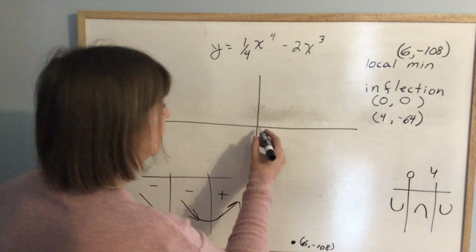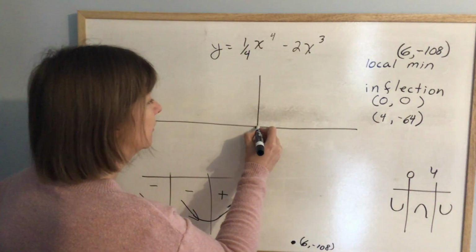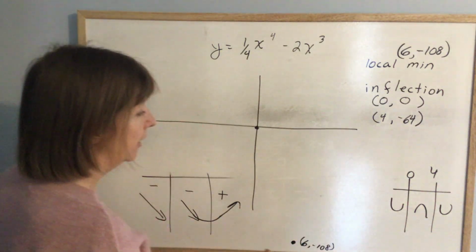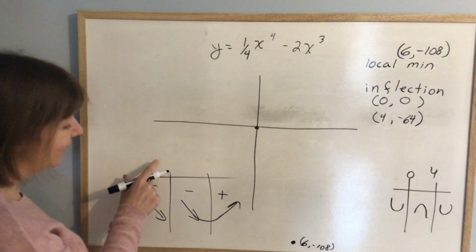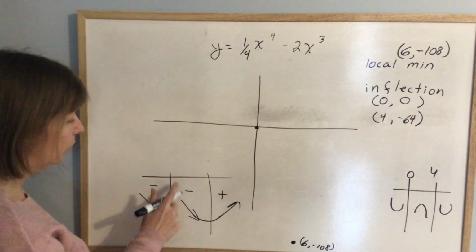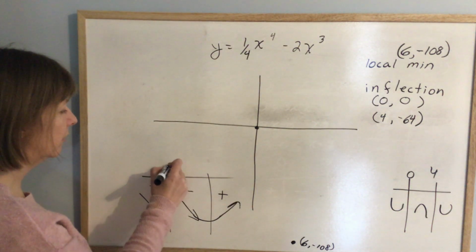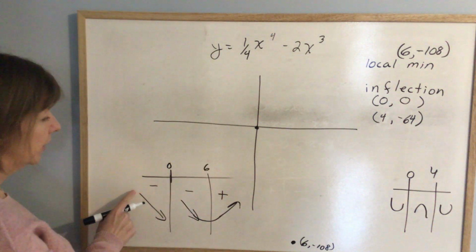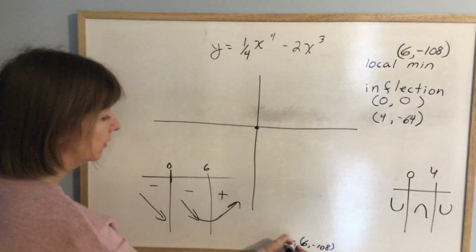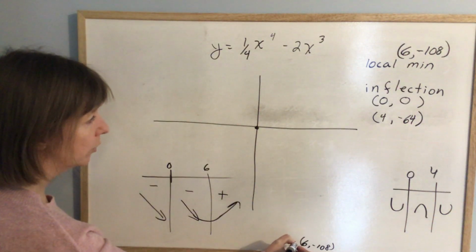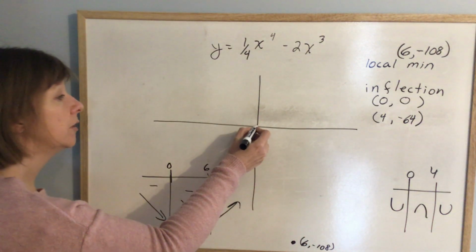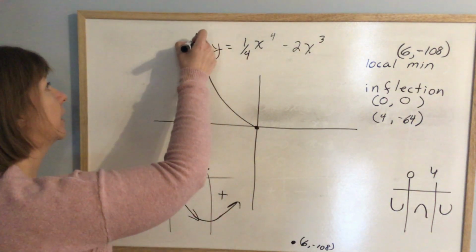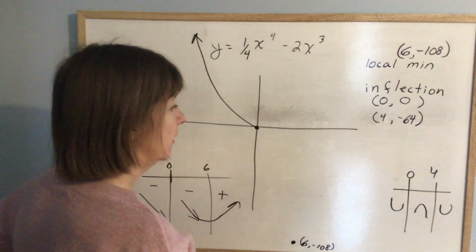So at 0 and 0, it switches from being concave up to concave down, but it's still headed downward because this was 0 and 6. So all the way to here, the graph is headed downwards. But there's a point of inflection here, meaning it's going from concave up to concave down.